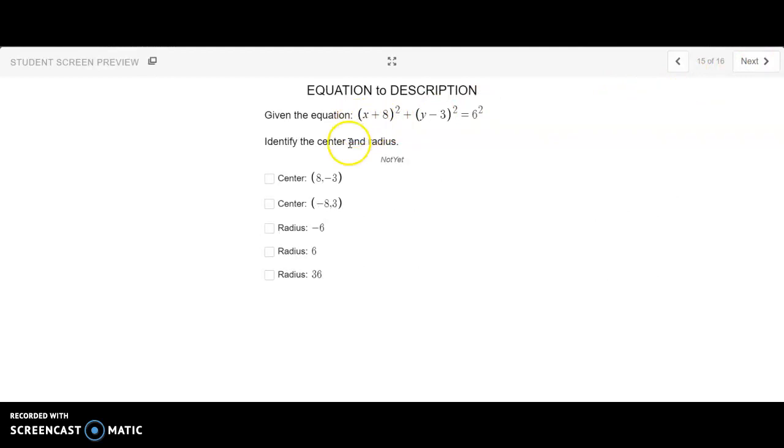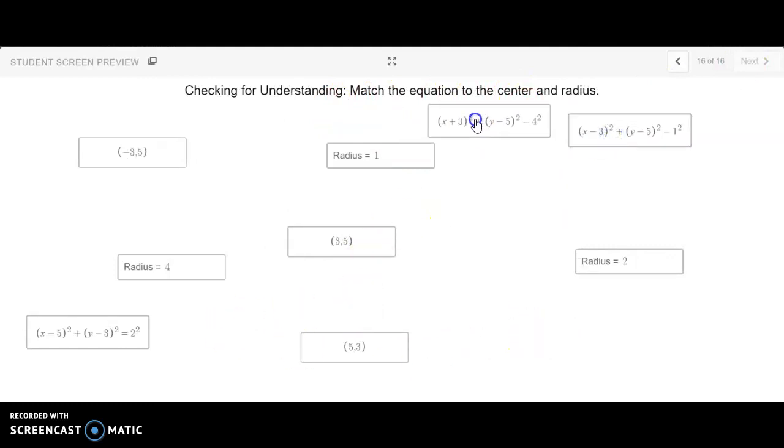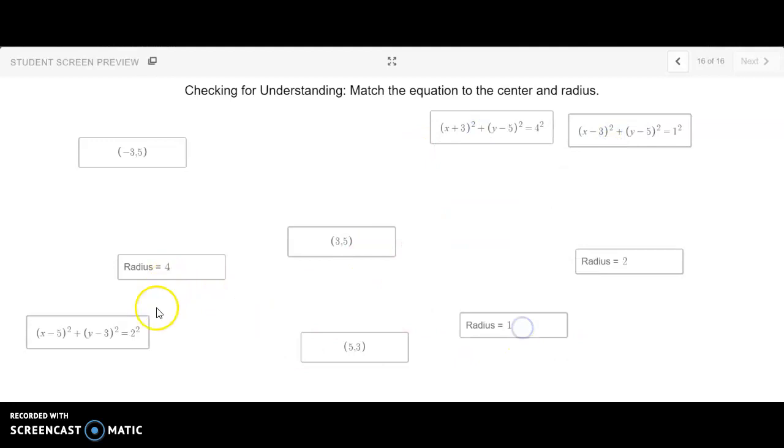And I'll give you one more try to practice this. I'm not going to give this one away, but you're going to pick one center and pick one radius value. And then last but not least, you're going to match the equation to its center and radius, so 3 equations at the top.